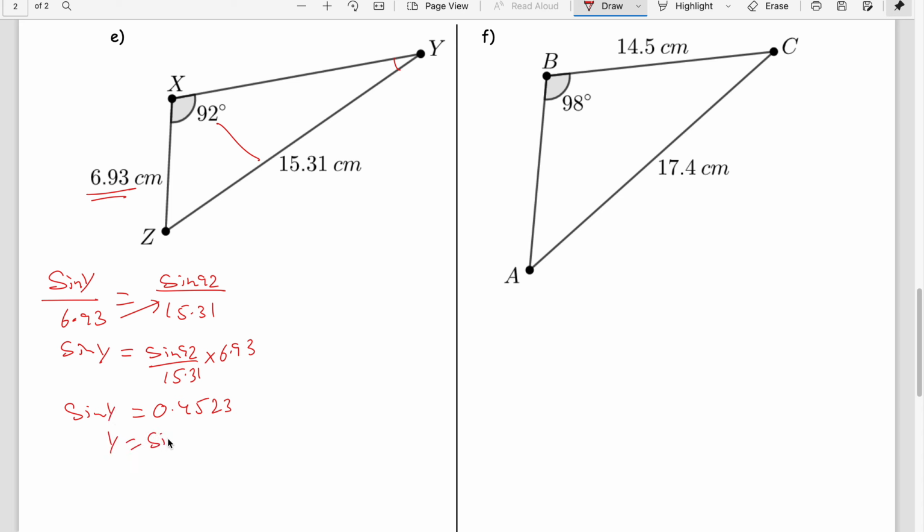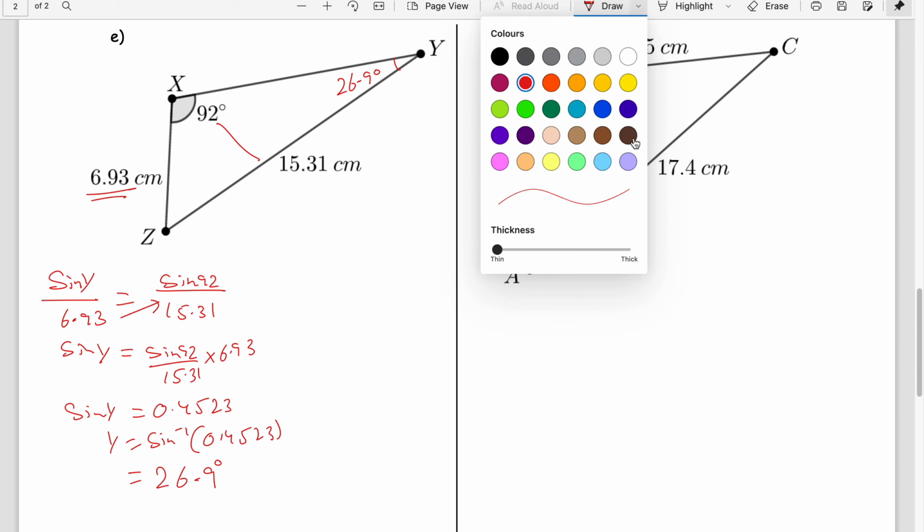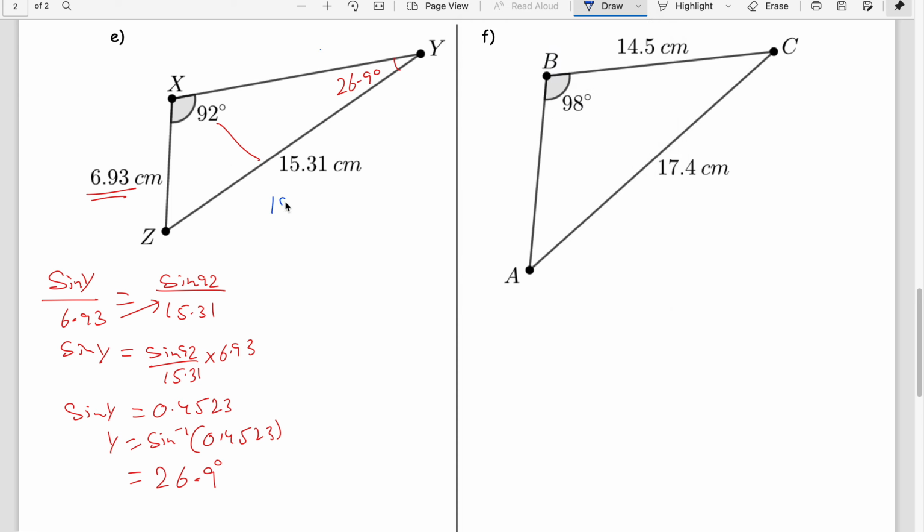So y is equals to sine inverse of your value, and sine inverse gives you an angle of 26.9 degrees to one decimal place. So now this is 26.9 degrees. Now you see this question is now of the same nature as we did before. Now you can find the unknown angle by removing both of these angles from 180, 26.9, and the angle is 180 minus 92 minus 26.9.